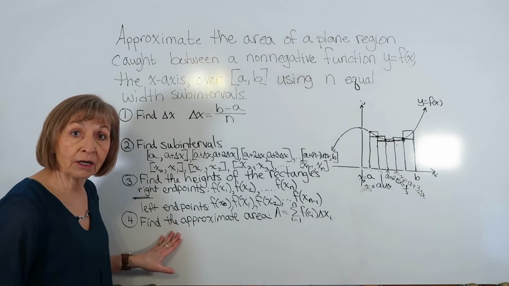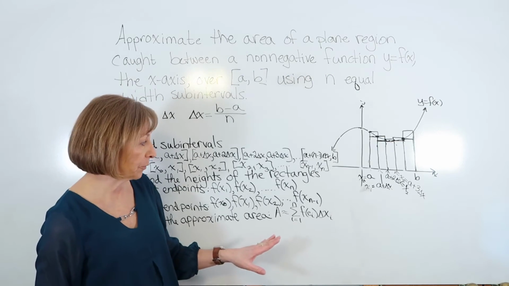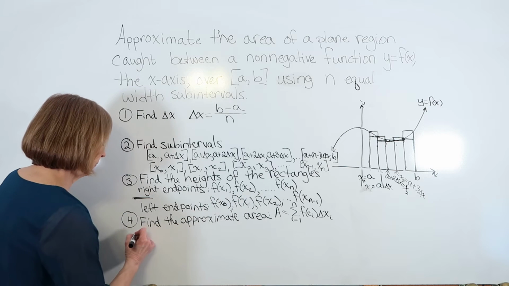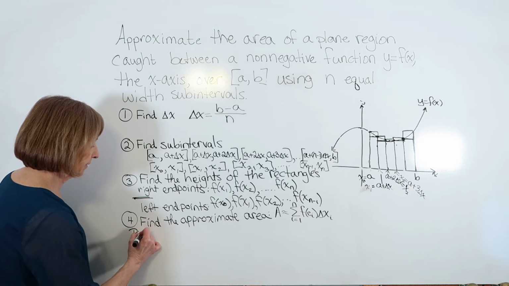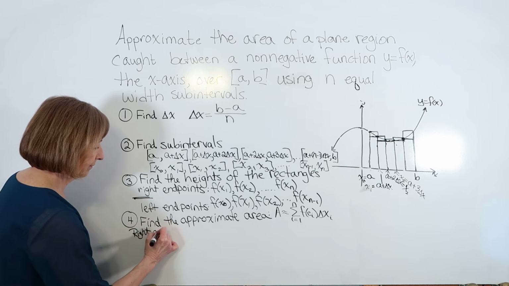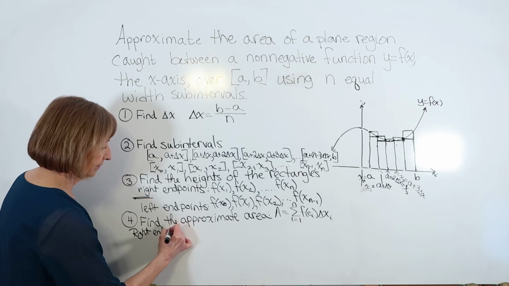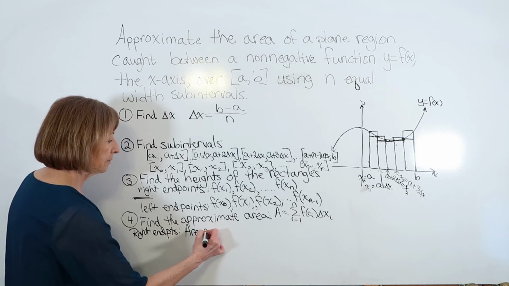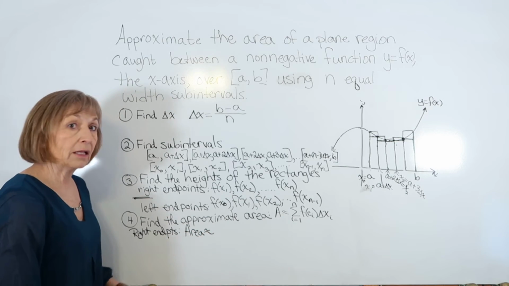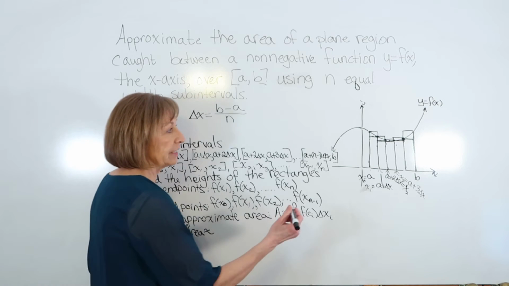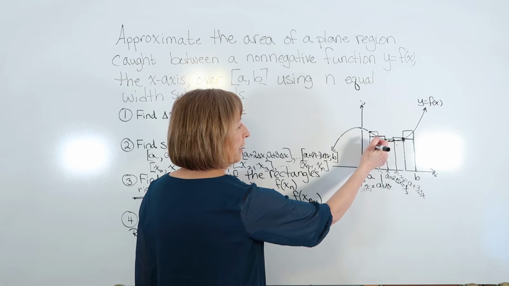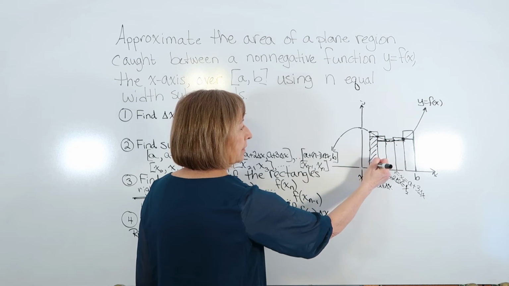Now, how do we find the approximate area? Here's another place where our notation comes in that we want to get comfortable with. We'll write it out here and then go to that. If we're talking about the right endpoints, the area approximation, well, I want to find the area of each of these rectangles. Here's my first subinterval. My right endpoint took me to the curve and back over, so it's this one.